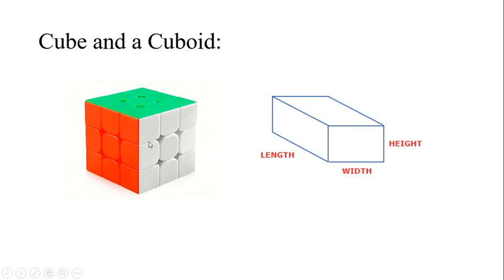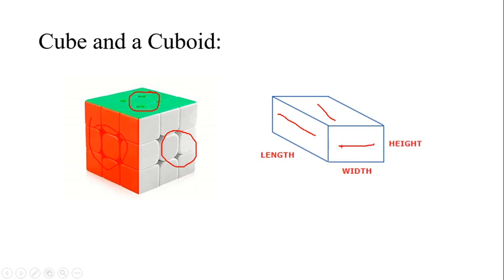Here in this figure on the left side, you can see that all these faces, this face, this face, this face, are all square-like faces. Considering this one, this is a rectangular face, this is also rectangular.